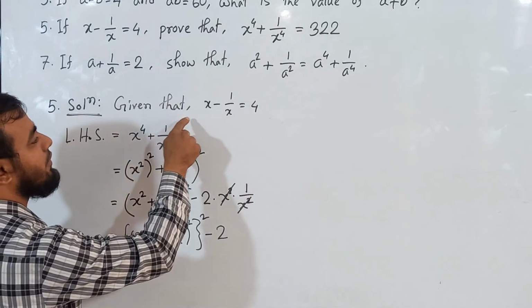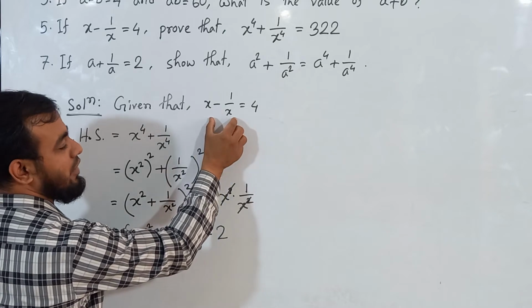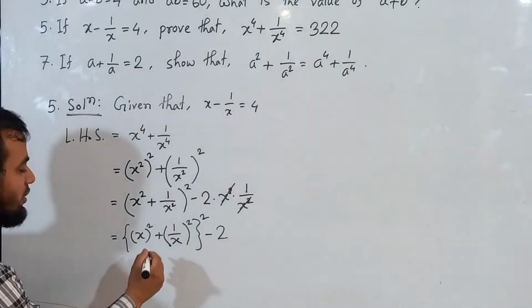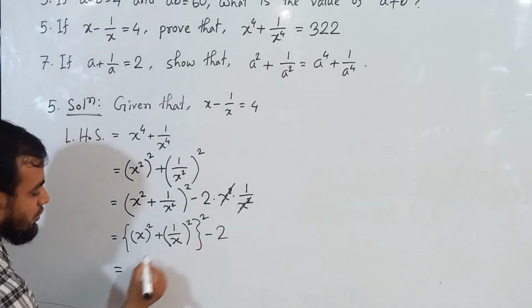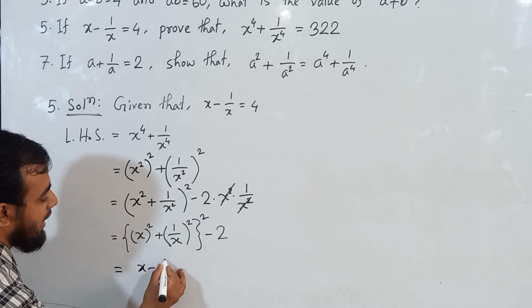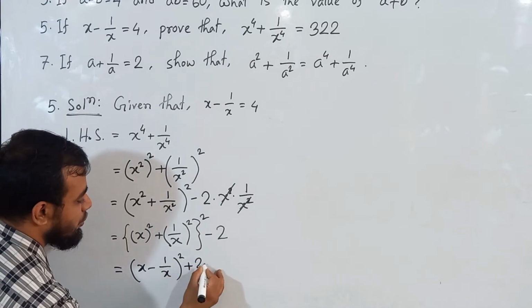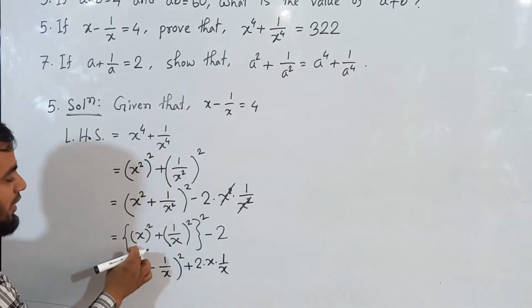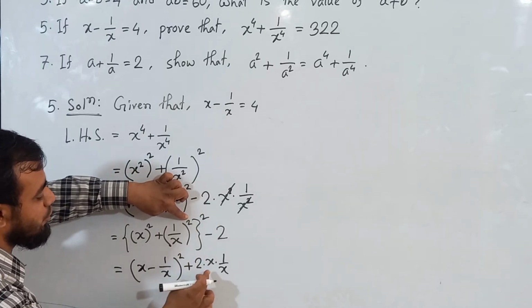If a plus 1 over a, or a plus b's value is given, then we must use the corollary number 1. So here we will use corollary number 2. Now a squared plus b squared is equal to a minus b whole square plus 2ab. This is the corollary number 2.